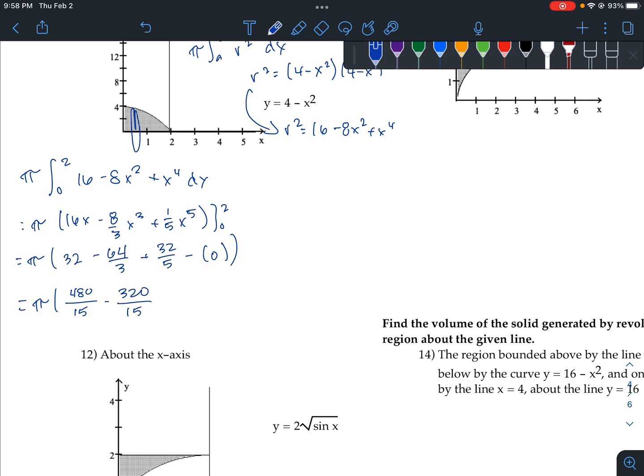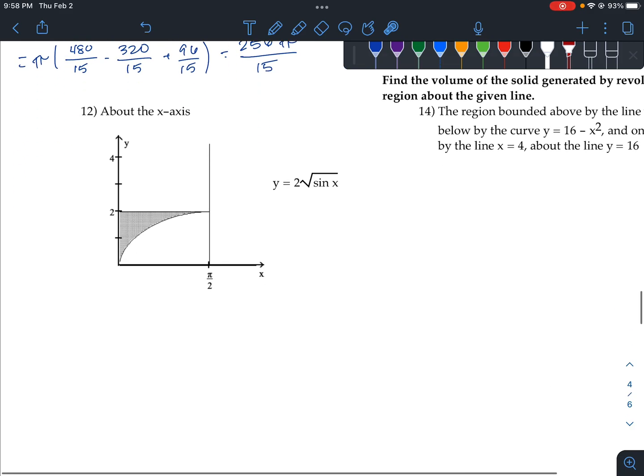I need to multiply 32 by 3, that's 96 over 15, and then 480 minus 320 plus 96, 256. So 256 pi over 15. Alright, if you're going to use a calculator, don't forget about the pi.